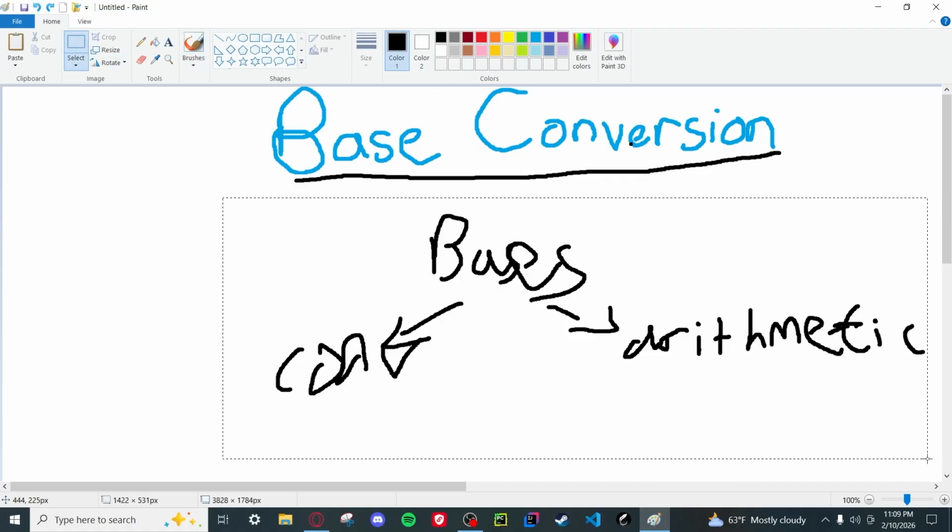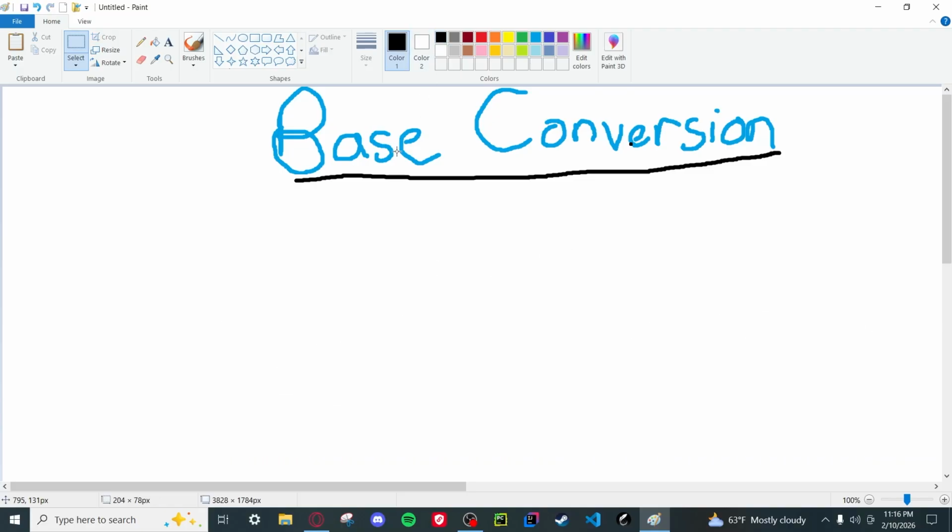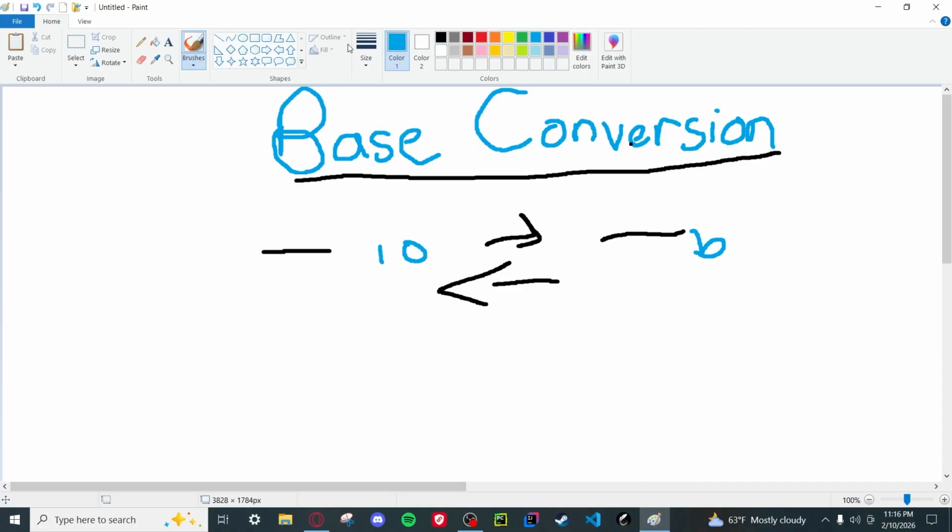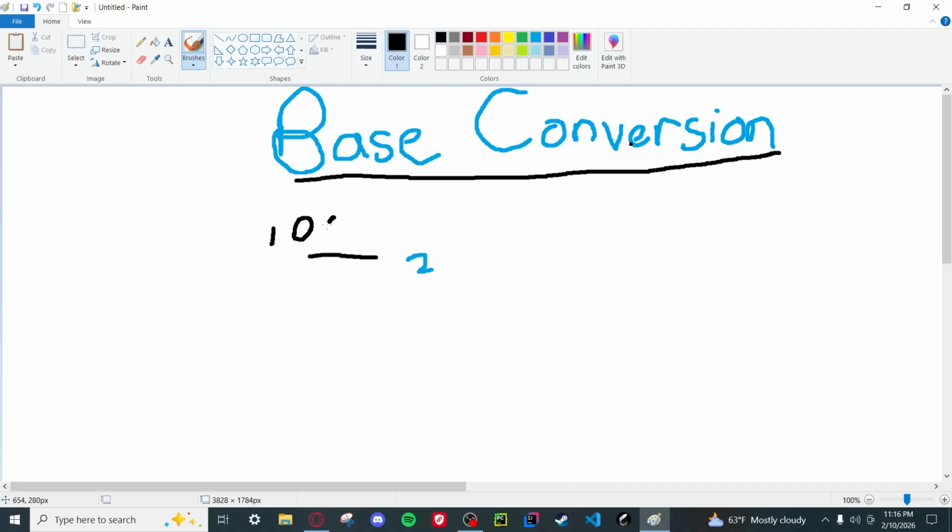Now this is the most important part of this entire video. So far in this video, we've talked about taking a number from base 10 and then converting it into base B, or the opposite, going from base B back to base 10. Okay, but that's not all they're going to test you on the UIL CS test or written section, okay? You could get a number like 1001111, and then they want you to convert that into base 8, okay?